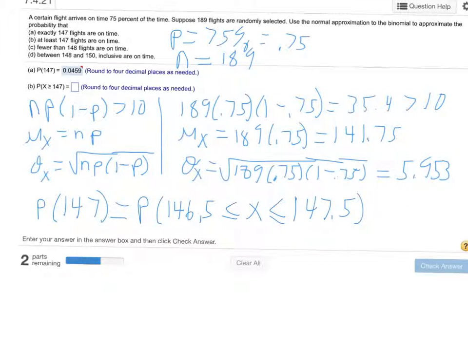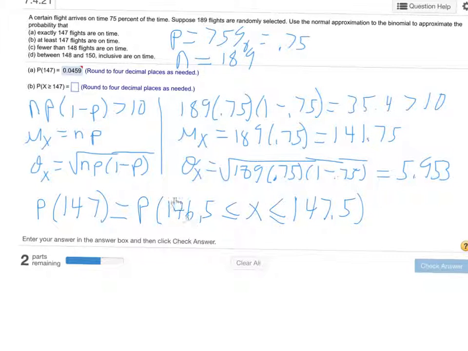So you just subtract 0.5 and add 0.5 to that. And now we convert this to z-scores, and then we can either look on the table or use your calculator to find the probability.